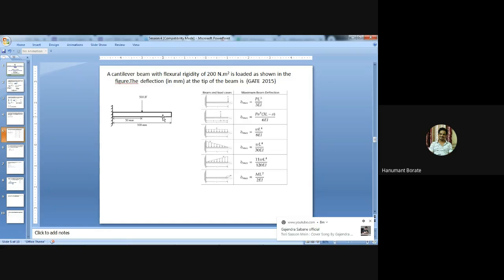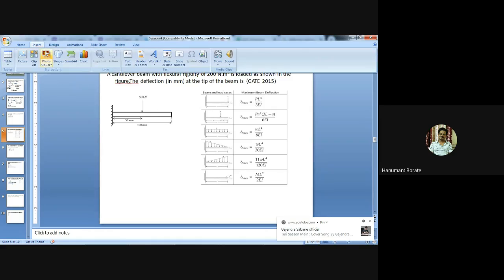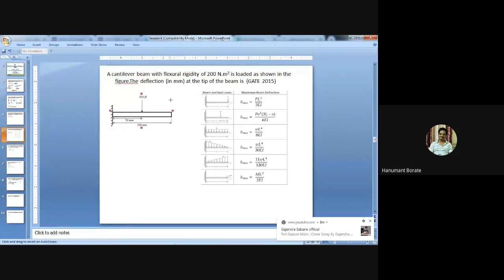We can solve by our conventional method, meaning we need to take a section here by the regular method. Then we need to write down the bending moment equation. Then the next step, we need to find the value of the integration constants C1, C2 by using boundary conditions, right?